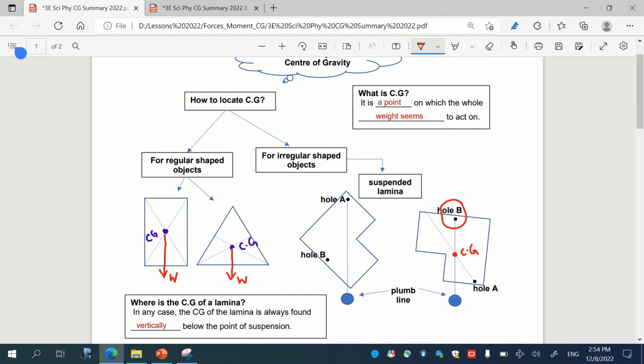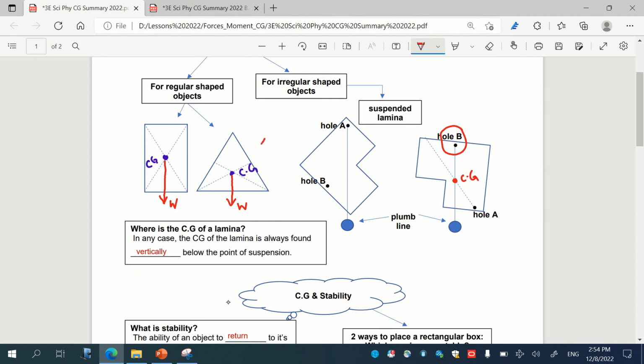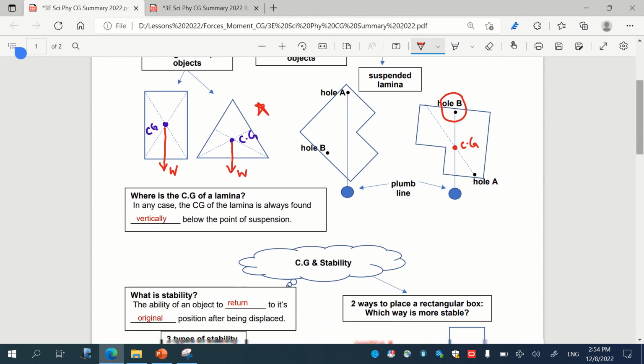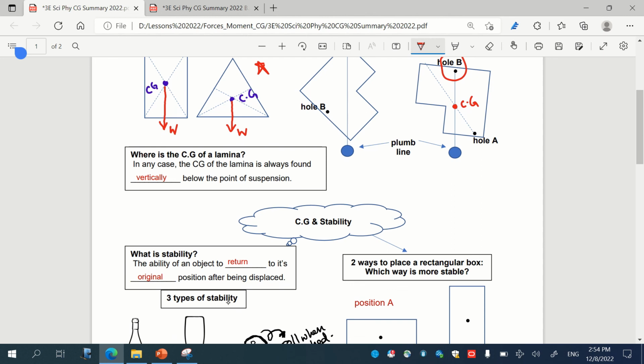Remember, what's important is the definition of what CG is, how to locate the CG of a regular shape object and of an irregular shape object. Then where to find the CG of an irregular shape object: vertically below all the time.